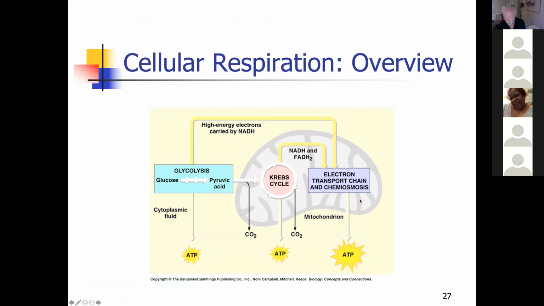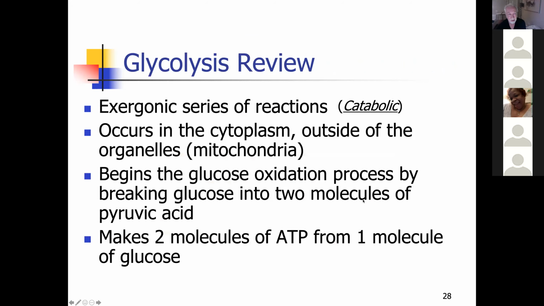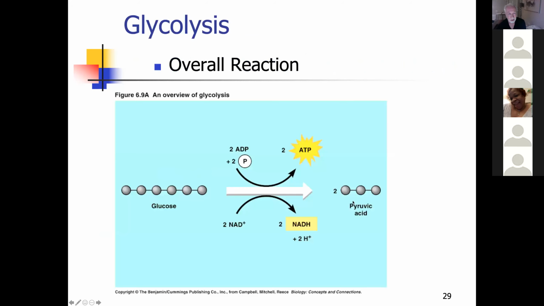High levels of phosphorylation occur in the mitochondria. Glycolysis: glucose, the 6-carbon sugar, results in 2 molecules of 3-carbon sugar, pyruvate, and generates 2 ATPs and 2 NADHs.